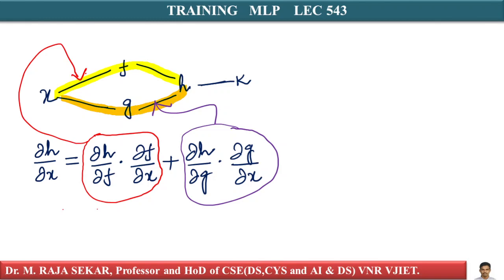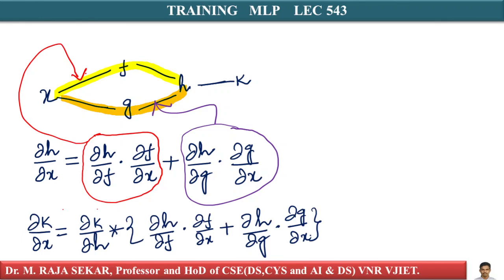Here h itself is a function of the outputs of two other functions. Dou h by dou g into dou g by dou x is the other path. You take the derivatives of both paths and simply sum them up. This is also a special case in the chain rule, isn't it?